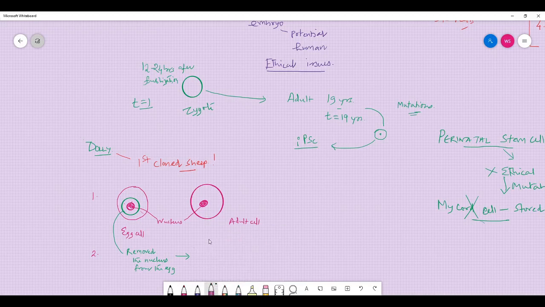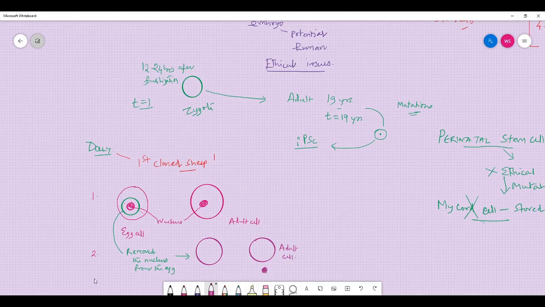They would get a cell without a nucleus. They repeated the process with the adult cell. And what did they get? They got again an adult cell, and the nucleus is out of the adult cell.